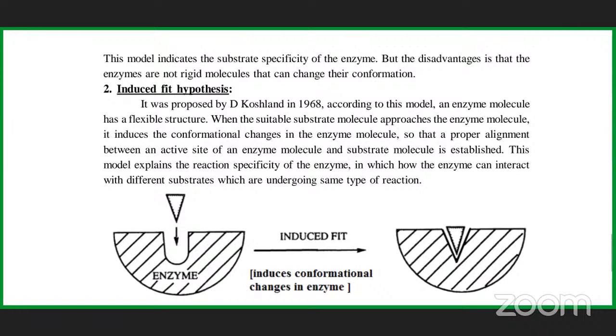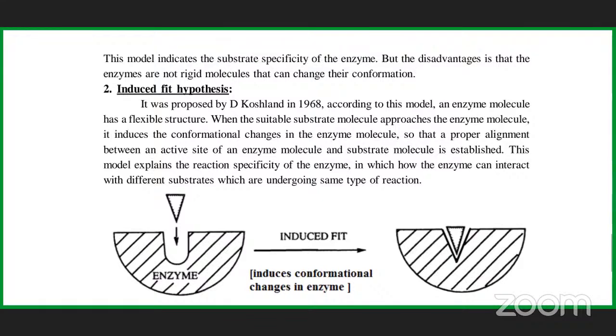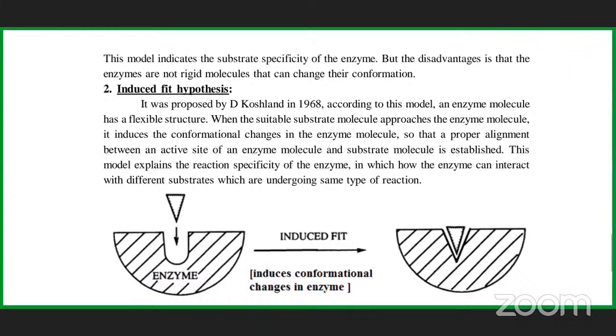It means your substrate molecule brings about changes in the conformation of the receptor active site, and it will bind or sit in that particular active site. So that a proper alignment between the active site of the enzyme molecule and the substrate molecule is established.